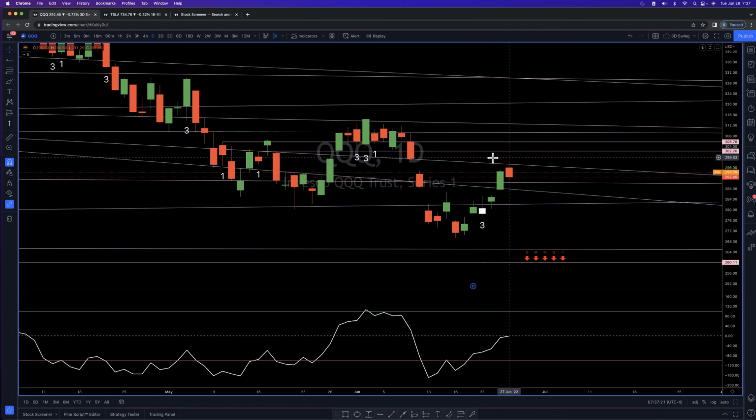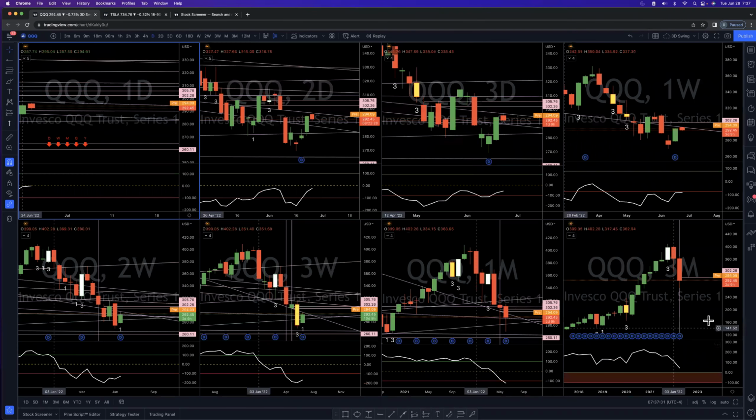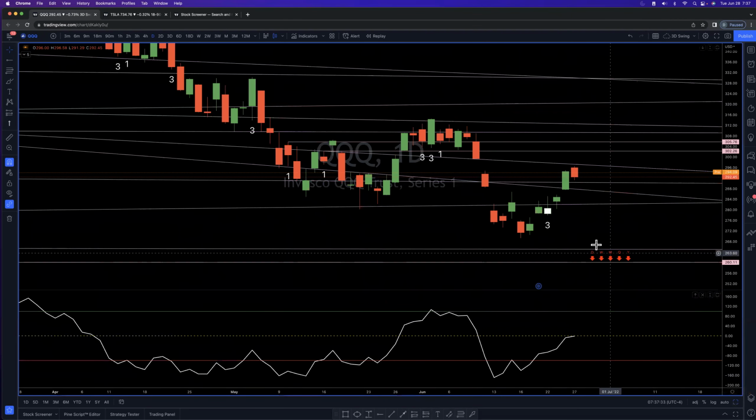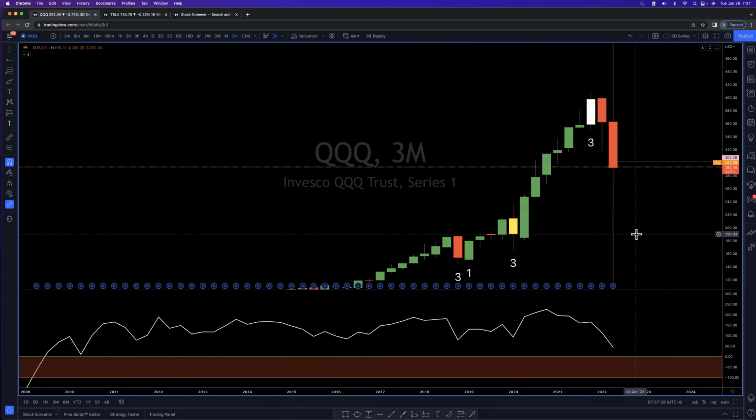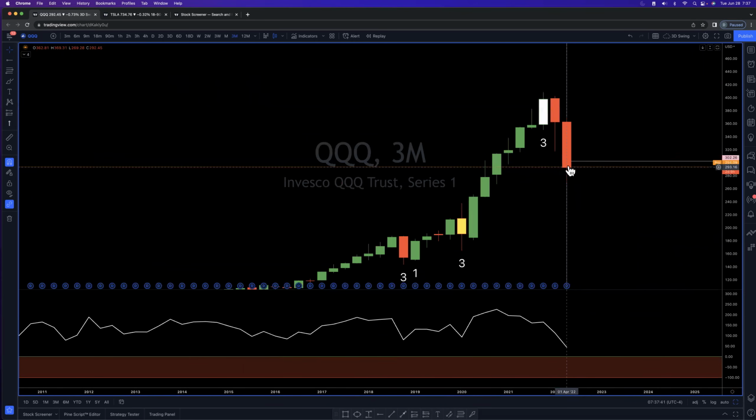So with that in mind, let's be diligent. Don't try to force these trades, because like I said, we're here at the end of the quarter. Obviously we're not going to take the quarter green.